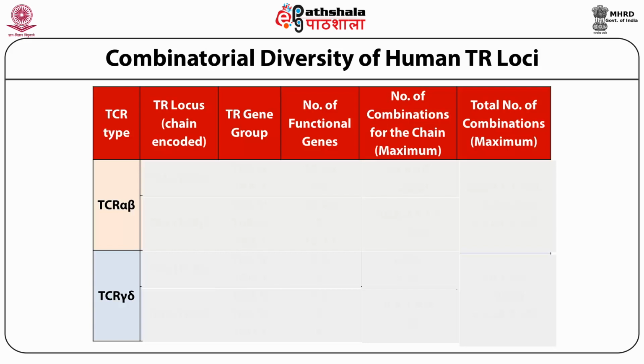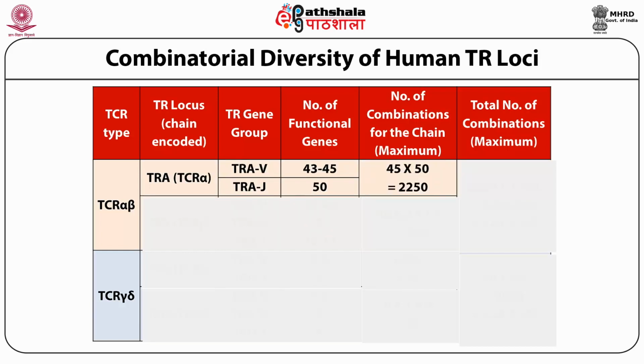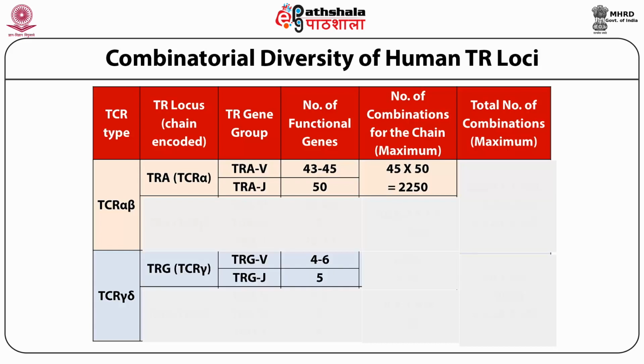The antigen binding region of TCR corresponds to V and J genes of the TRA and TRG loci. Therefore, in order to calculate the maximum number of antigen specificities that these loci can generate, we multiply the maximum number of these genes at these loci. For TRA locus, 45 multiplied by 50 gives us 2250, while for TRG locus, 6 multiplied by 5 gives us 30.